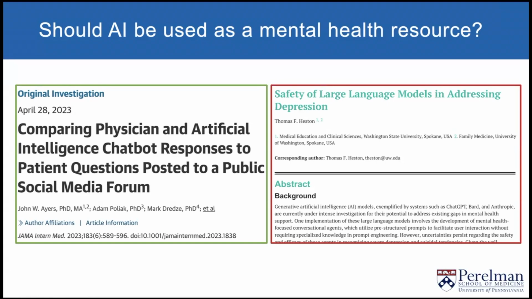The one on the left, Ayers et al., was published last year, and basically compared physician-generated and AI-generated responses to questions posed by patients in a Reddit forum, I think Ask Dr. or Medical AMA or something like that. So it's just a public social media forum.